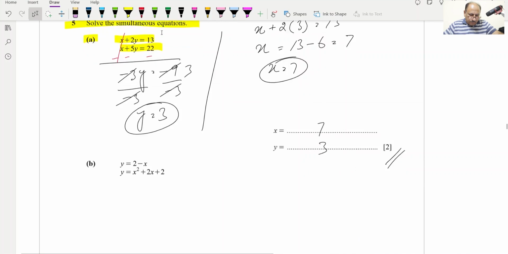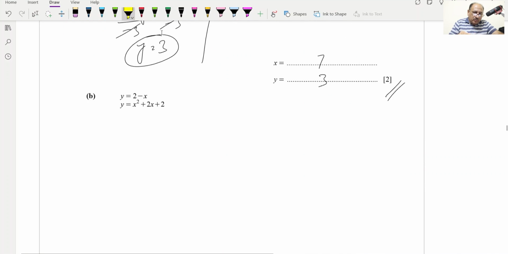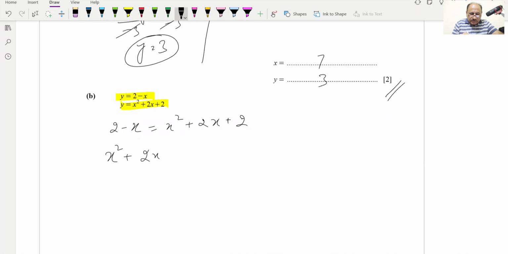2 marks question. Now the second equation is also a simultaneous equation which we have to solve by substitution or by equating them. So we'll equate them to minus x is equal to x squared plus 2x plus 2, and we can shift these two terms to the other side. We will get x squared plus 2x plus 2 minus 2 plus x is equal to 0.